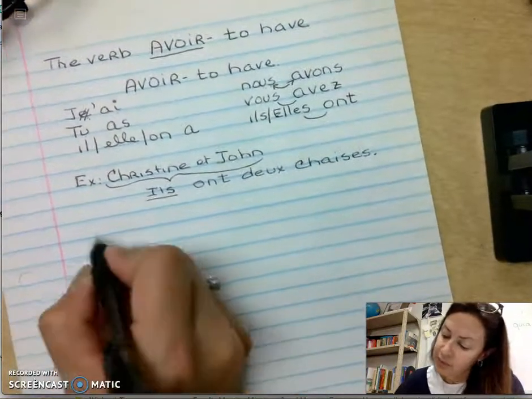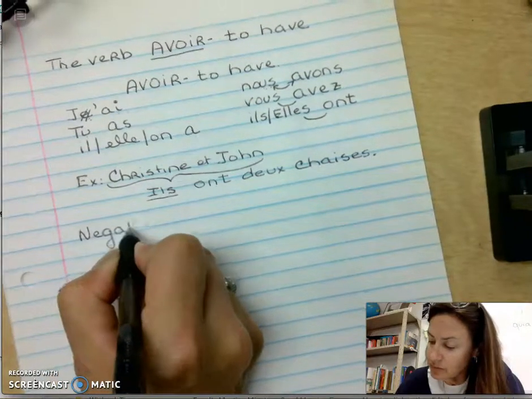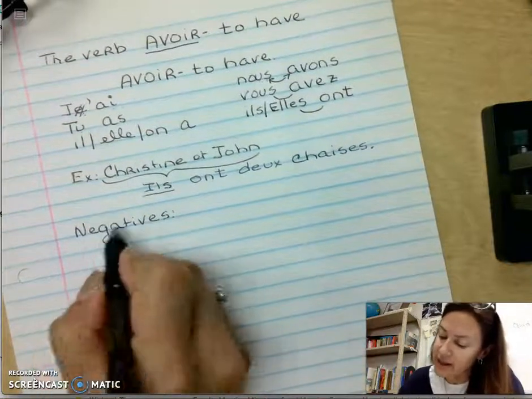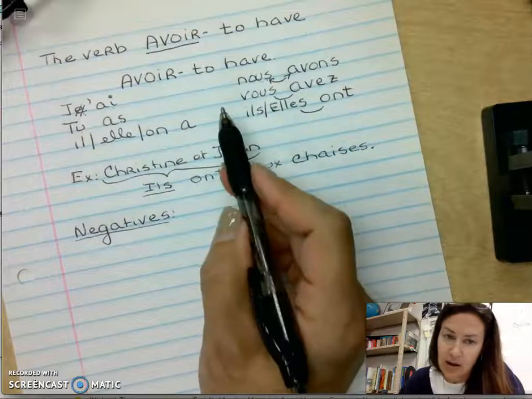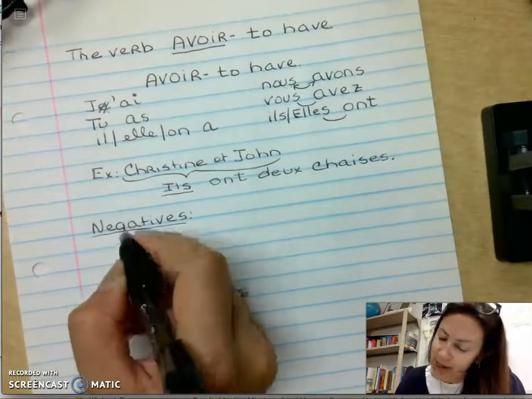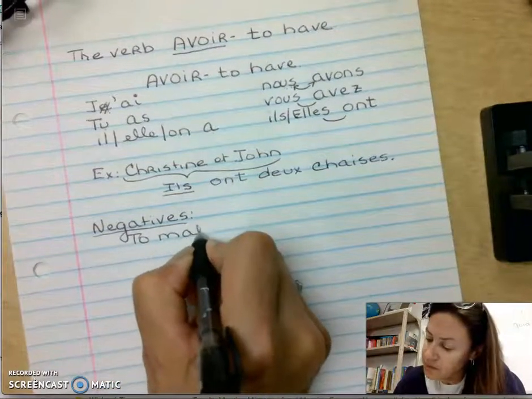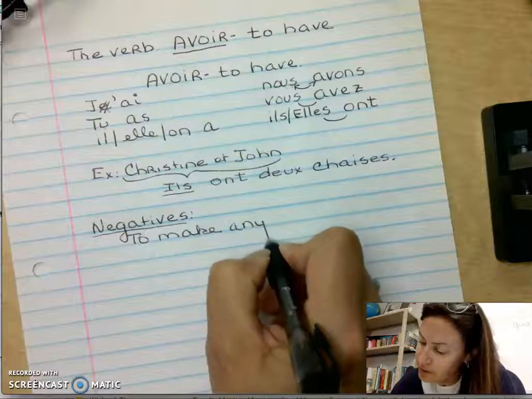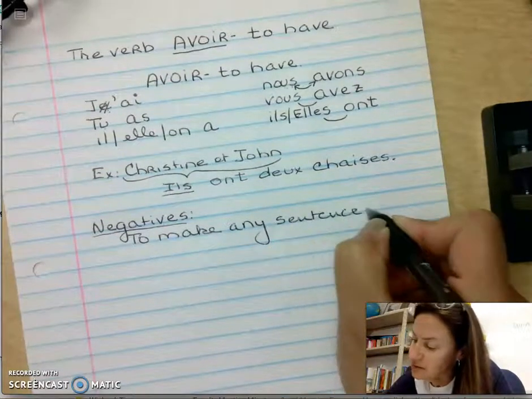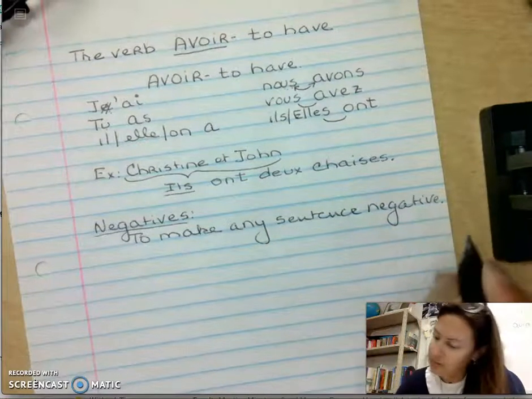All right, now let's look at negatives. How do we make a sentence negative? Whether it's with the verb avoir or any other verb, okay? So to make any verb or any sentence negative for right now, okay?